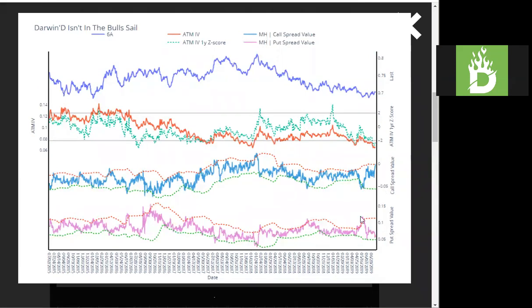And then you've got call spread value, put spread value. When I mean call spread value and put spread value, I'm comparing, say, and this doesn't really matter, so don't hold me on the exact deltas, but we would be comparing, say, an almost at the money, maybe a 40 delta call to a 10 or 15 delta call.